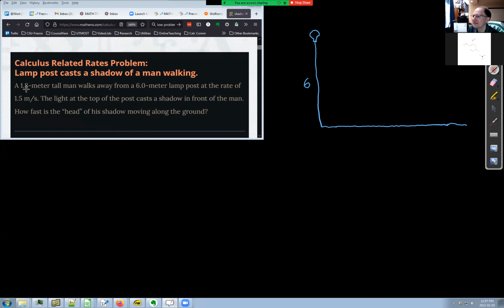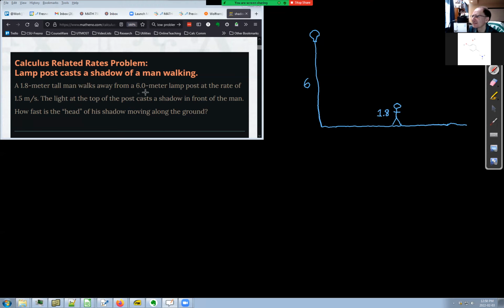Then we have this man who is 1.8 meters tall. We'll draw a little person here, and it said that that person is 1.8 meters tall. I'm assuming that's not changing, so it's safe to put a number there.